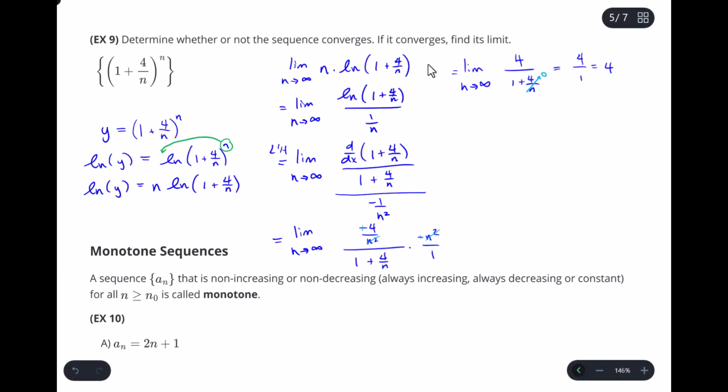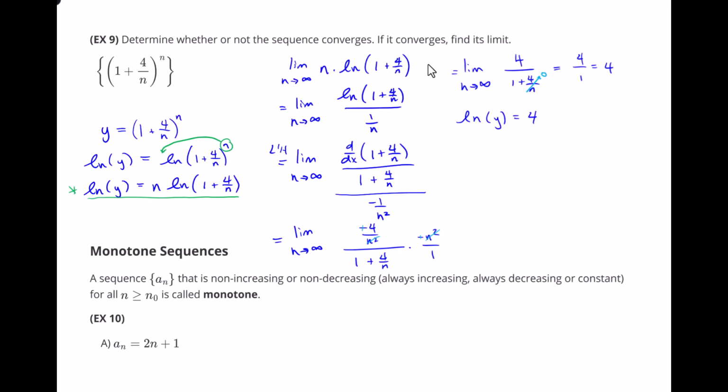Now, back here, we said the natural log of y was equal to this thing. And we did a limit as n went to infinity of this part. So the natural log of y then is going to equal that limit, so it's going to equal 4. Now if the natural log of y equals 4, we can take both sides of this equation and make it an exponential function with base e.